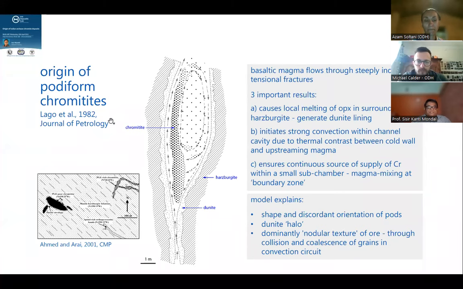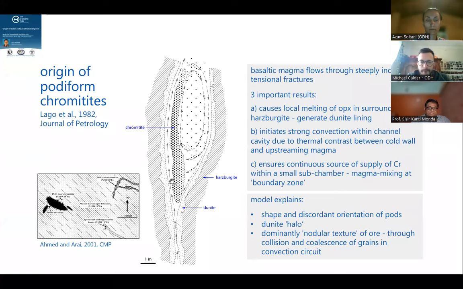To explain this, Lago proposed in 1982, published in Journal of Petrology, that if any basaltic or exotic magma flows through the steeply inclined tensional fractures within the upper mantle, what will happen? It will react with the host harzburgite, and it causes local melting of orthopyroxene in the surrounding harzburgite and generates a residual dunite lining.